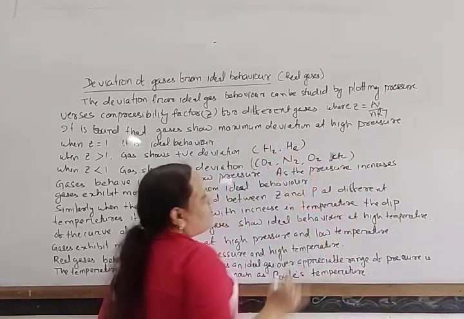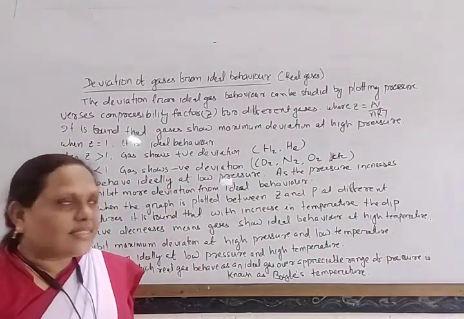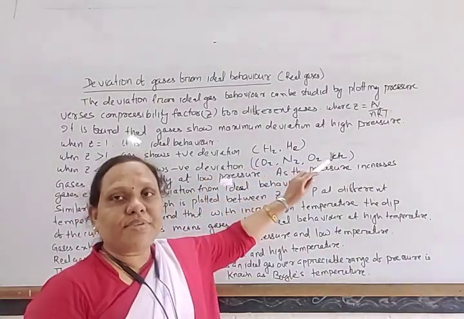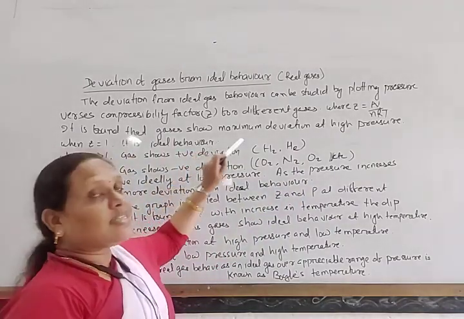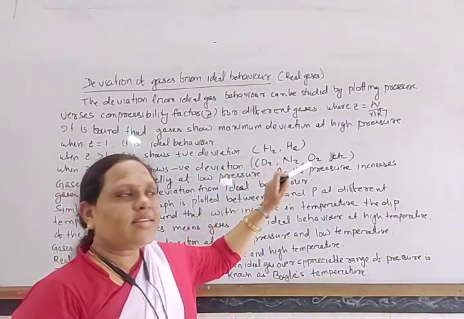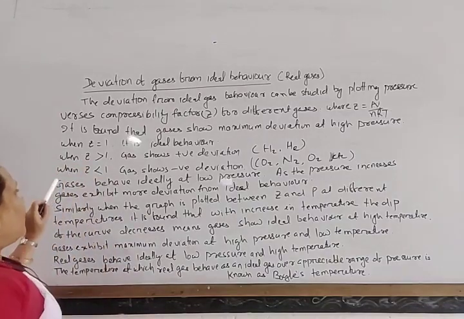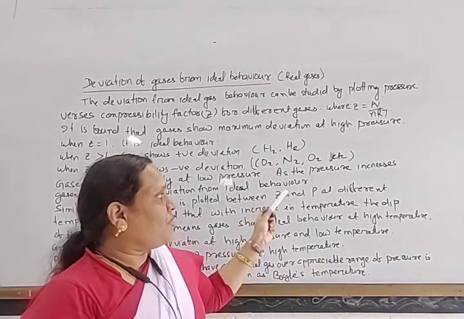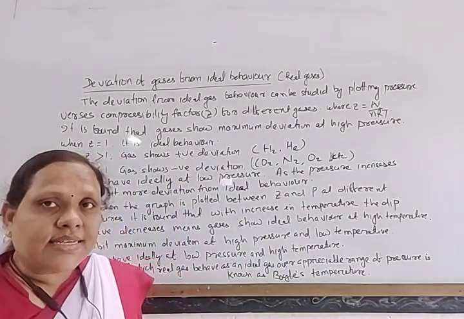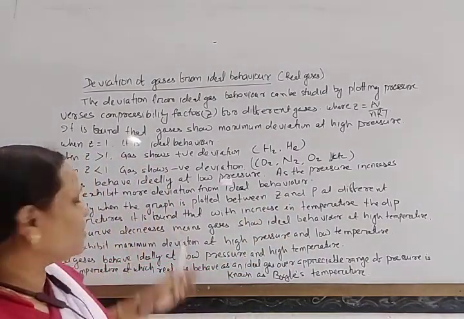negative deviation. Negative deviation means these gases are more easily compressible than expected, and positive deviation means these gases are less compressible than expected. Gases behave ideally at low pressure. As the pressure increases, gases show maximum deviation.